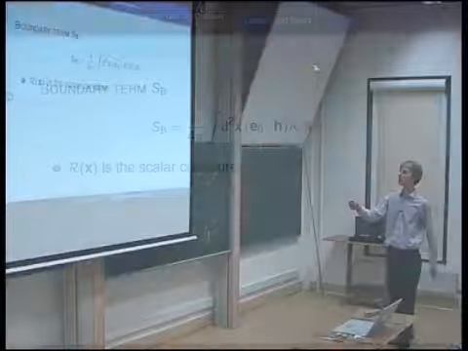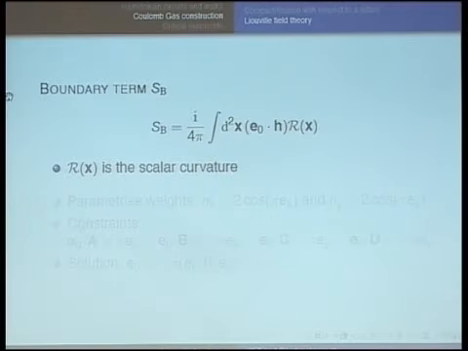Now there's this boundary term. And now I see that something terrible is going on, because the scalar curvature has now the same symbol as this repeat lattice. So whenever it occurs without an argument, it's the repeat lattice, and when there's an argument, it's the scalar curvature.